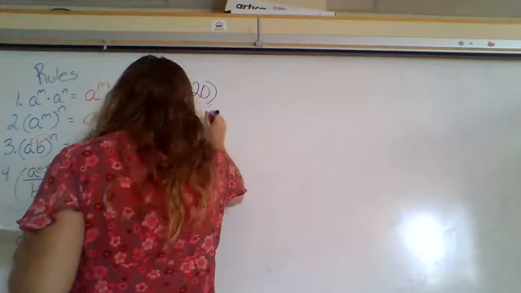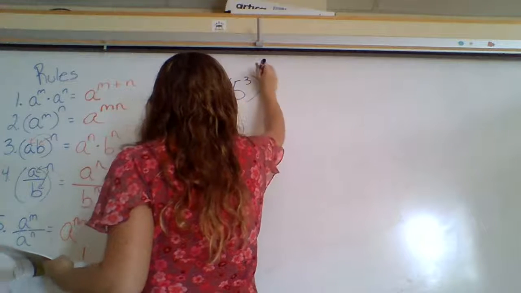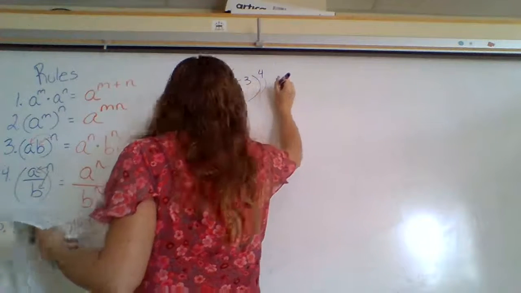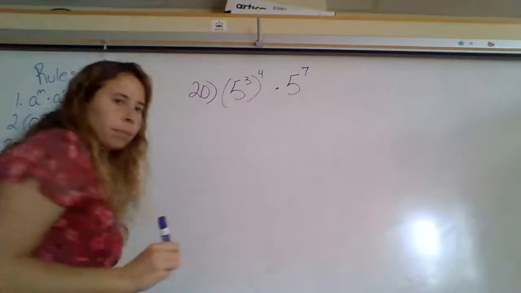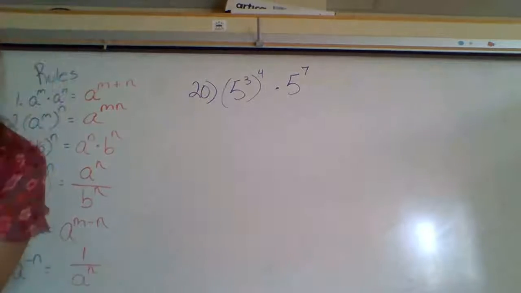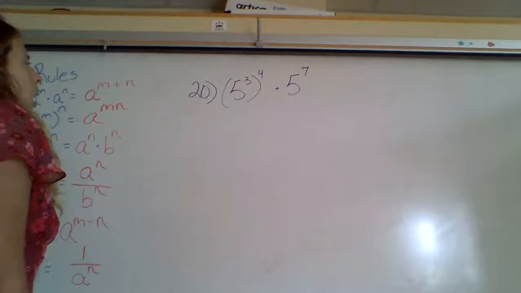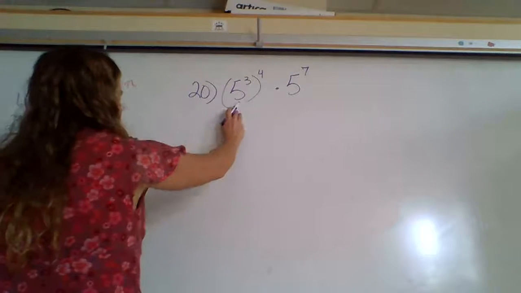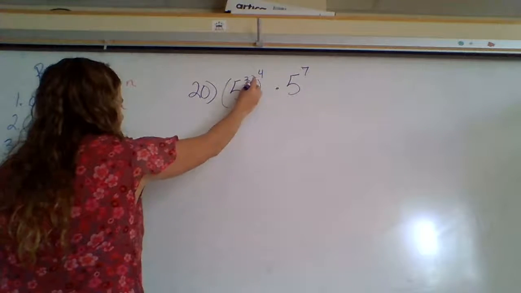So you have 5 to the 3rd raised to the 4th times 5 to the 7th. First things first, 5 to the 3rd raised to the 4th. Raising a power to a power, you multiply.